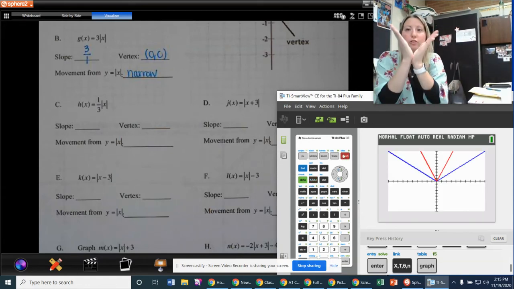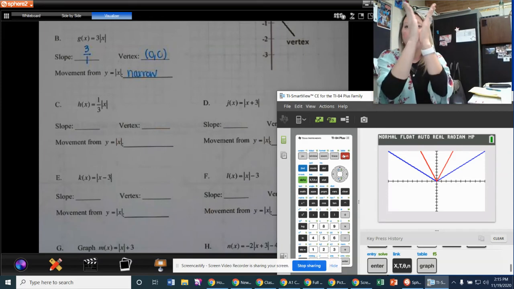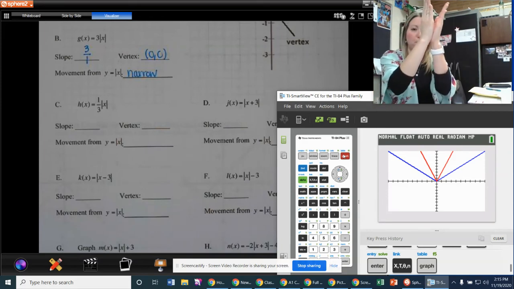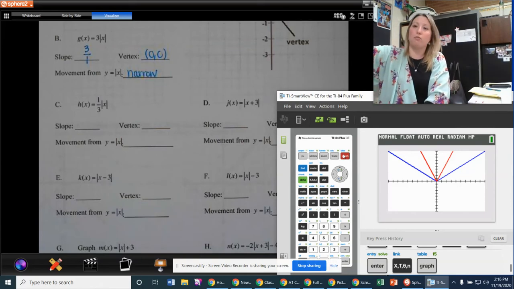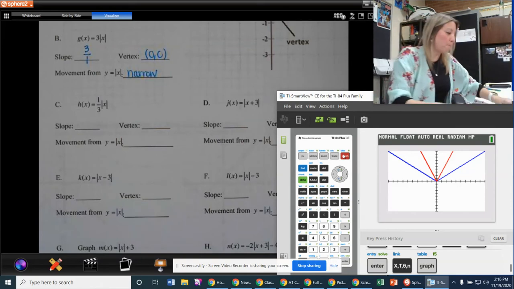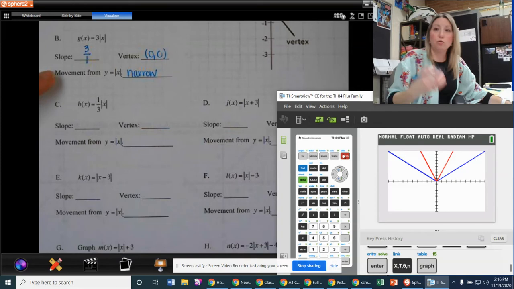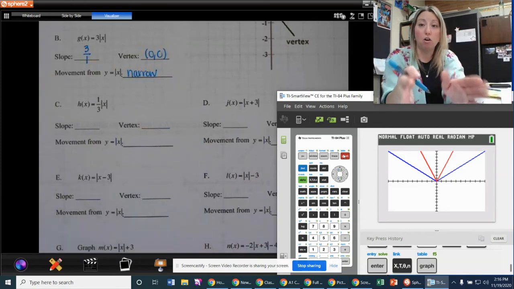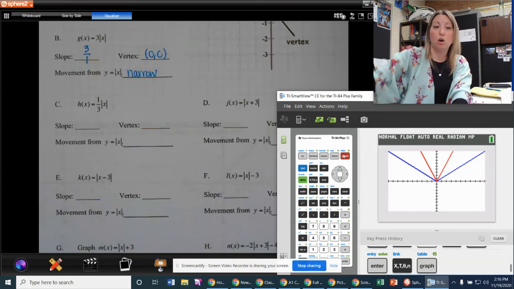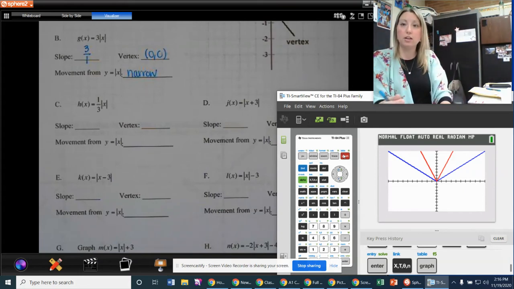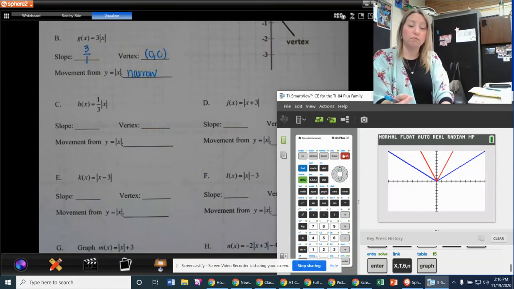It takes that original blue function and it narrows it because it's sloped up more, right? And now it's up 3 and right 1, up 3 and right 1. Okay, so it worked. So notice I could find all this information just from plugging into the graphing calculator. I don't have to memorize this, but I'm showing you how quick it is when you do have it memorized. All right.